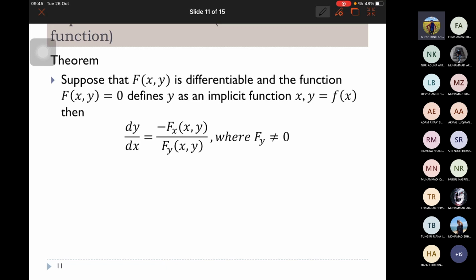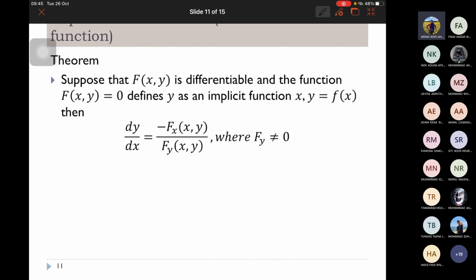Define y as an implicit function of x, that is y equals a function of x. So the derivative dy over dx will be the negative of the partial derivative of f with respect to x divided by the partial derivative of f with respect to y, by which the partial derivative with respect to y cannot be equal to 0.